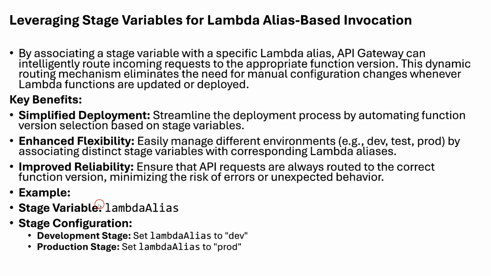And here lambda alias is a stage variable, right? So what will happen? In the development stage, if you hit the URL, it will go to the dev alias in Lambda. In the Lambda, the dev alias corresponds to some version, and that version's code will be executed and you will get back the response. Similarly, the production also. Okay.